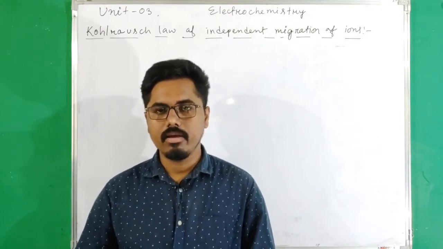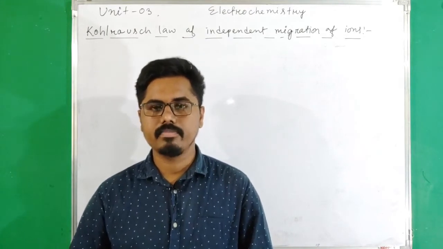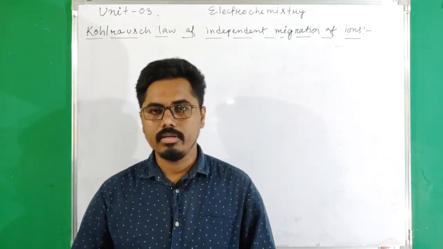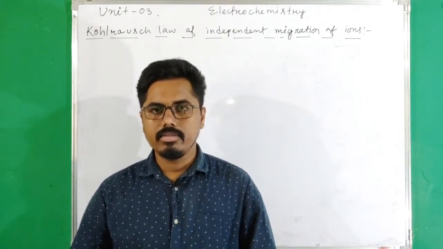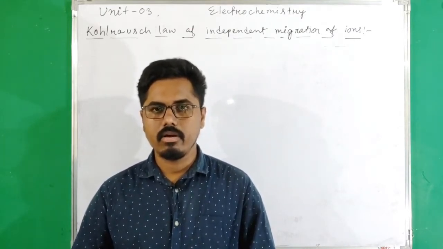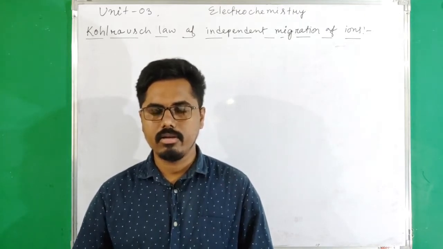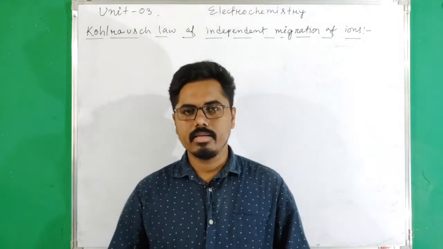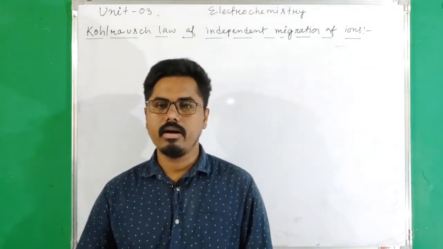Okay, and we have found that the limiting molar conductivity of a weak electrolyte can be determined by using a law, and that law is Kohlrausch law of independent migration of ions. So today we will discuss the Kohlrausch law of independent migration of ions.